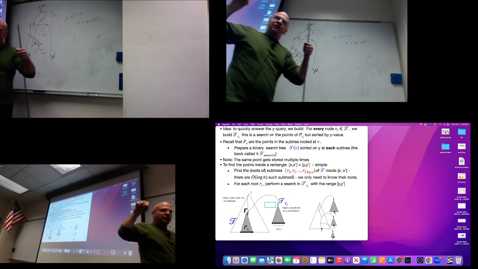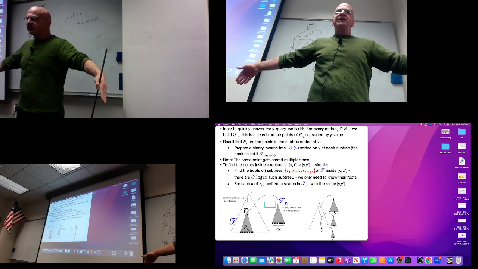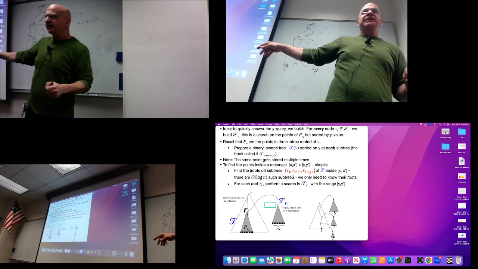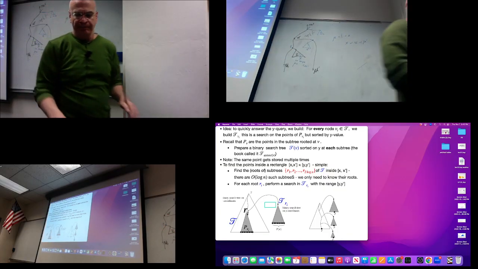Every node of this tree has a left child, right child, like every normal binary tree, has a value inside, but also has a pointer to yet another tree that contains a subset of it, sorted by Y.